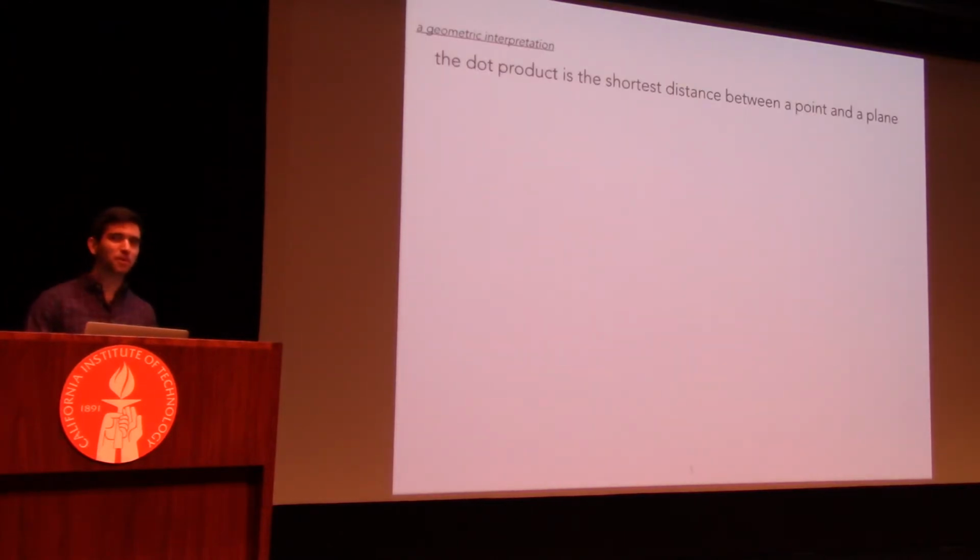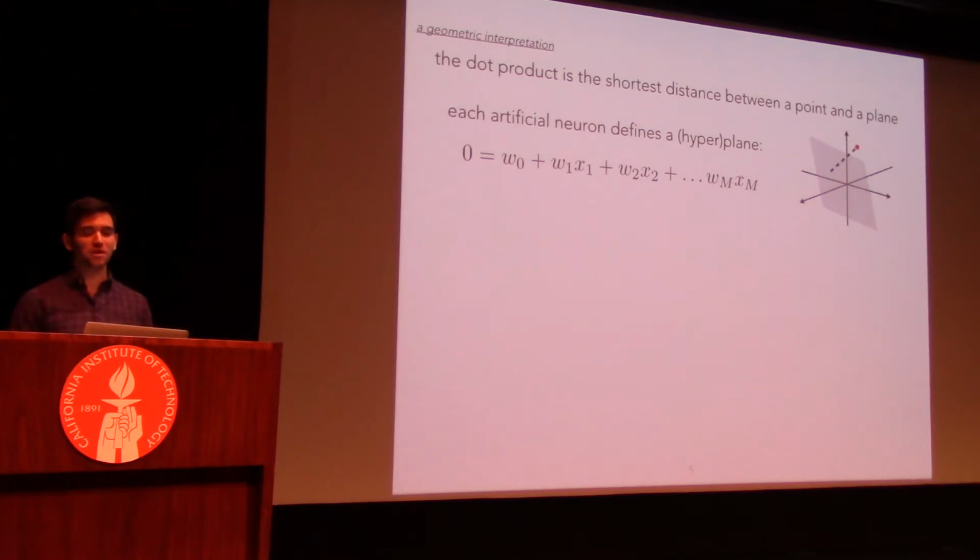And we talked a little bit about the geometric interpretation of what a neural network is actually doing. If we interpret the dot product as the shortest distance between a point and a plane, then an artificial neuron is essentially calculating this distance: how far is this point away from my hyperplane?